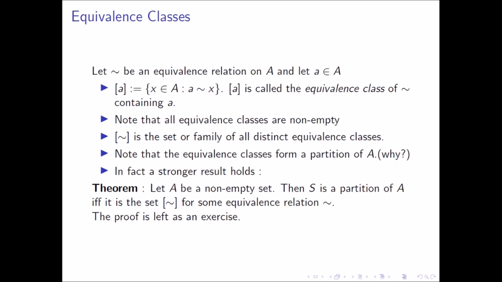So note that a is always related to a because equivalence relations are reflexive. Hence, we can say that every equivalence class is non-empty. Indeed, if we represent the set of all distinct equivalence classes as box tilde, can you show that that's a partition?